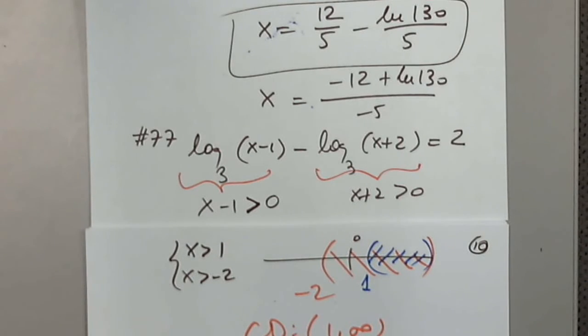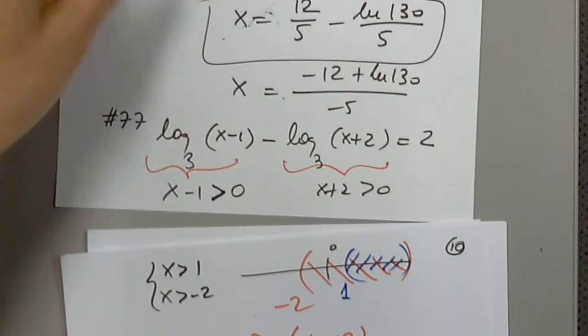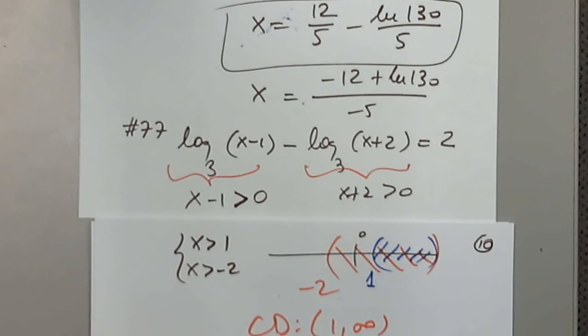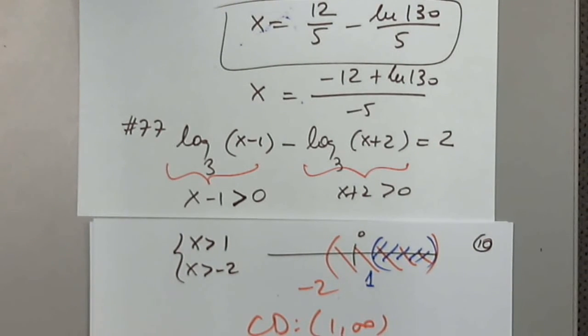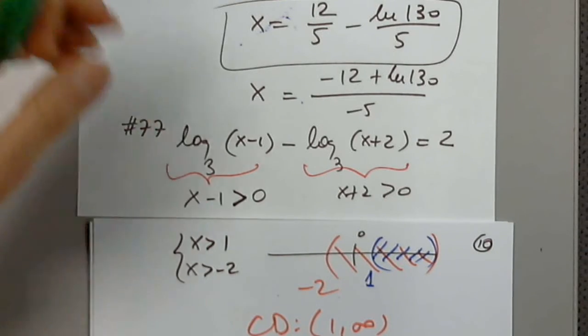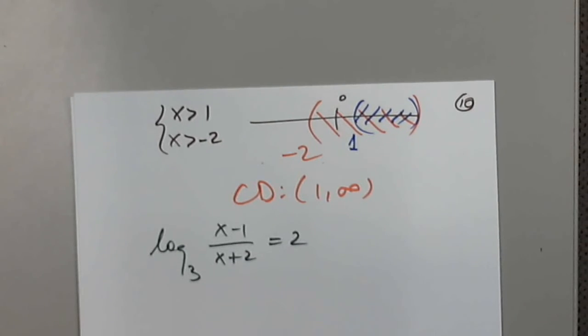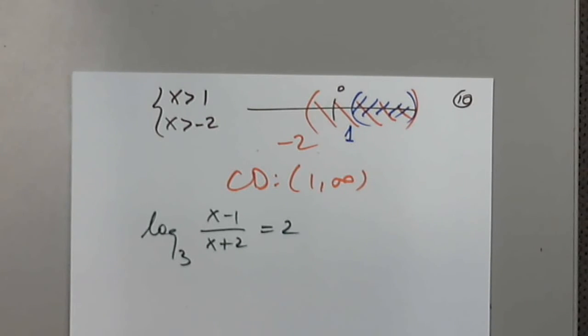Can anyone tell us how to condense the left-hand side? Log base 3 of x minus 1 over x plus 2. Very good. Perfect. So now I want to undo the log.